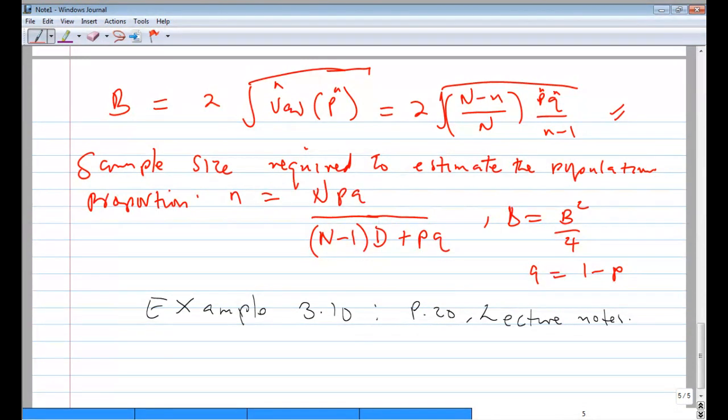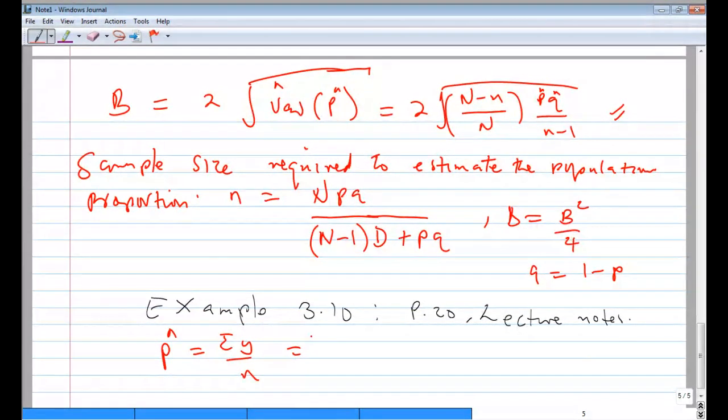Sir, isn't it 0.65? Yes, it's 0.65. Let's do it together. You want to find p hat, which is equal to the summation of y over n. This is the formula that you use to estimate the population proportion.